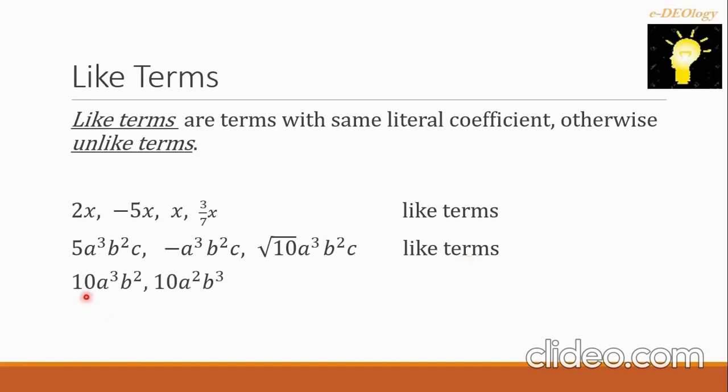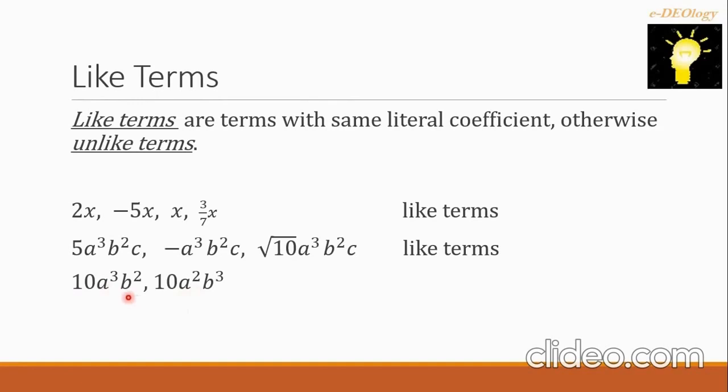Third example, 10a cubed b squared. Second is 10a squared b cubed. In here, they have the same variables a and b. However, the exponents are different. In the first term, the power of a is 3. In the second term, the power of a is 2.